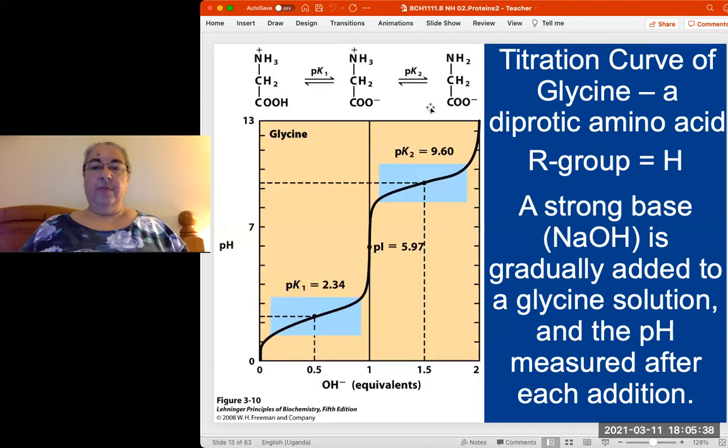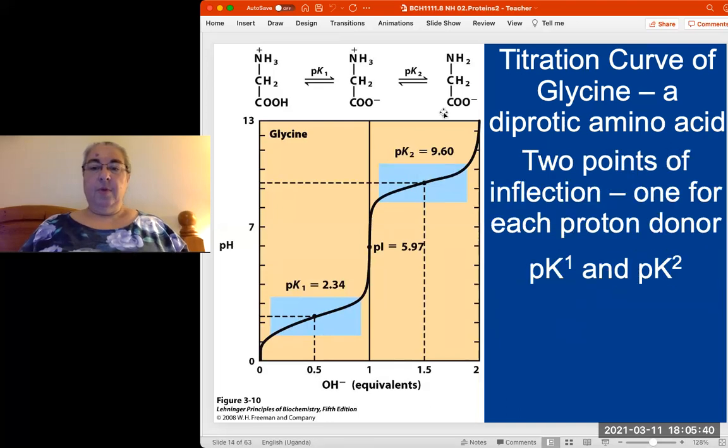Okay, so this is the titration curve of glycine. So what can we learn from this? Well, we can see that there are 2 points of inflection. That's 2 places where the shape of the curve changes. So here we've got a curve rising and flattening. And here we've got a curve flattening and rising.